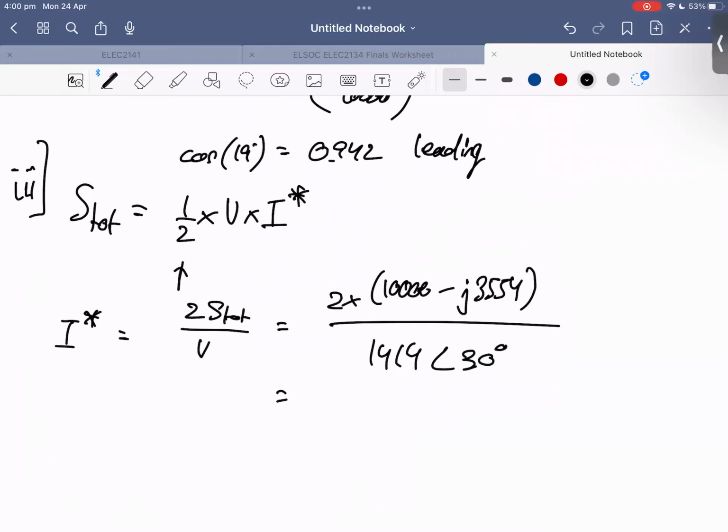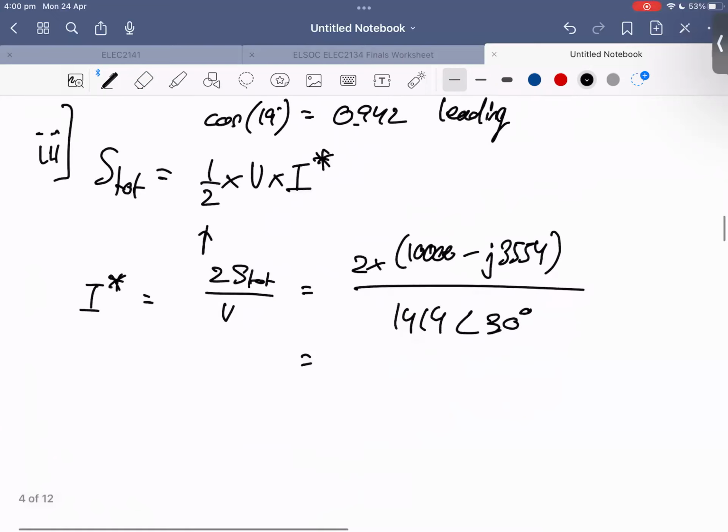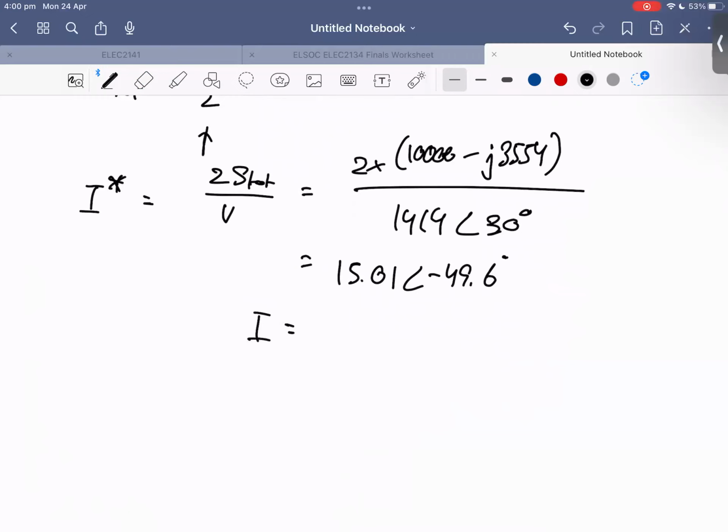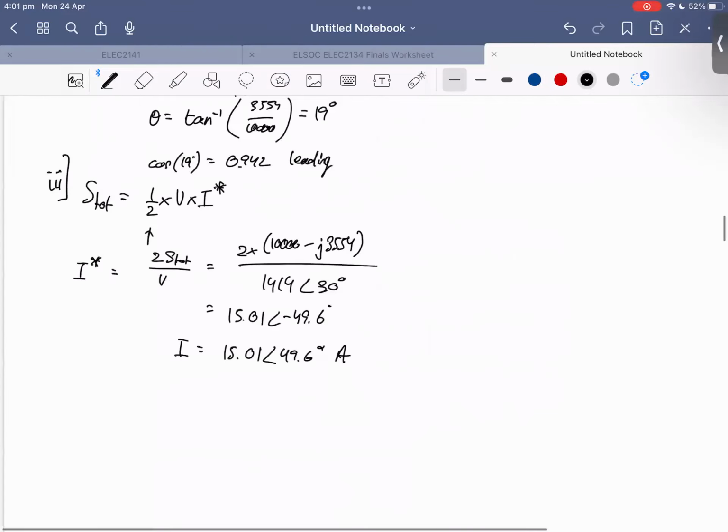Which when I put into my calculator gives me 15.01 with a phase of negative 49.6 degrees. And that's I conjugate. So to get I, you can just flip the angle to be positive, and that should be the answer in amps.